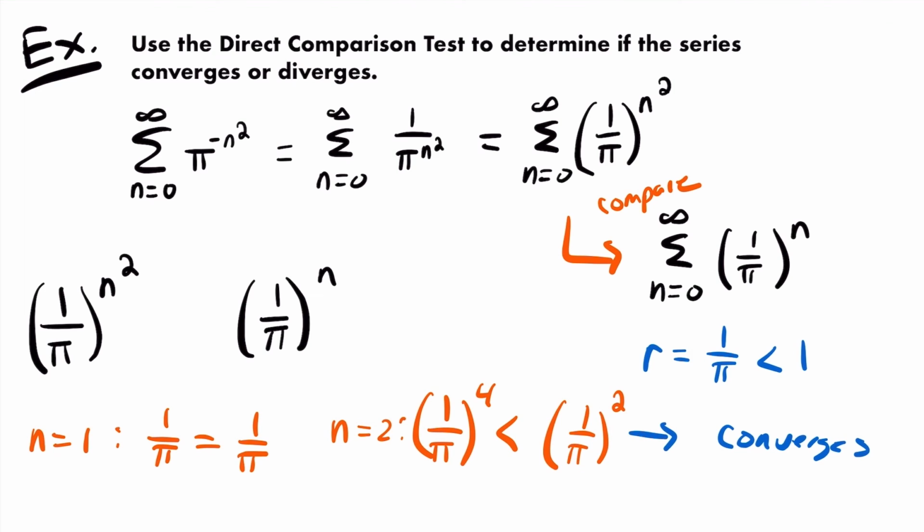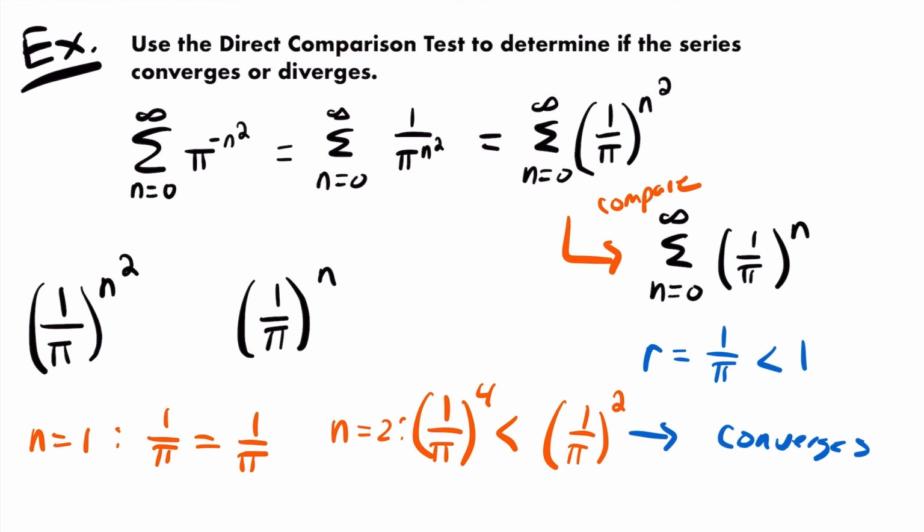and that is going to continue to be true as the value of n increases, right? We're always squaring n for this term, and n is only raised to the 1st power for this term, and so this power will always be greater than this power, which makes this denominator greater than this denominator. And so 1 divided by pi to the power of n squared will always be smaller than 1 divided by pi to the power of n after n equals 1.